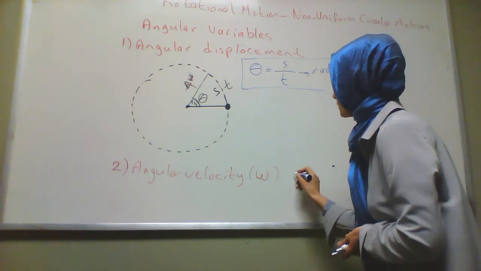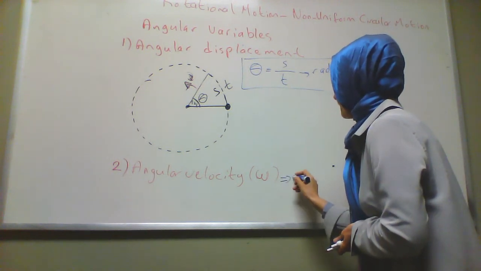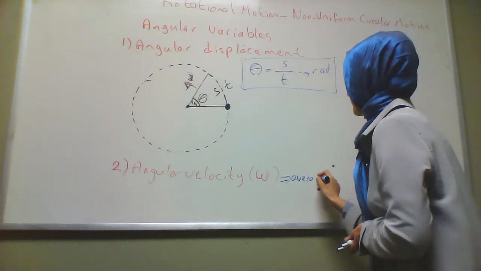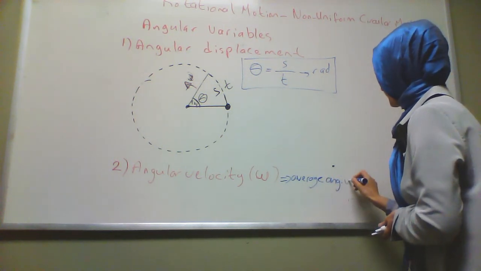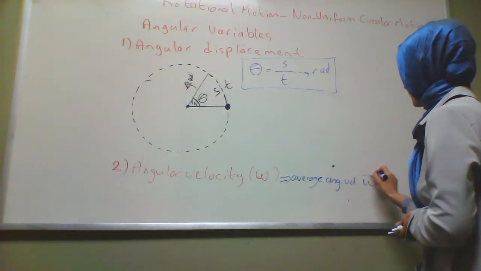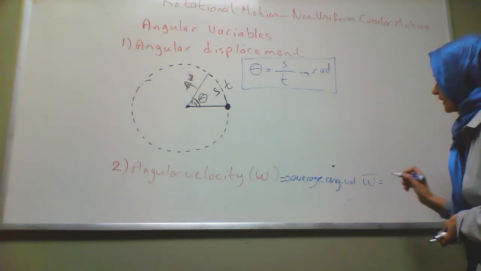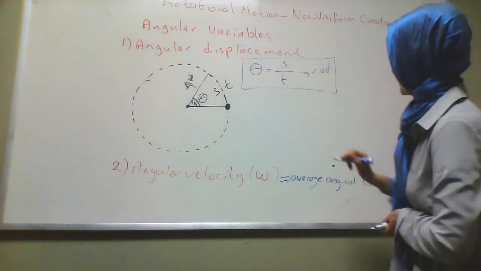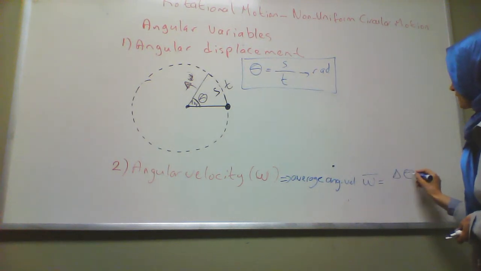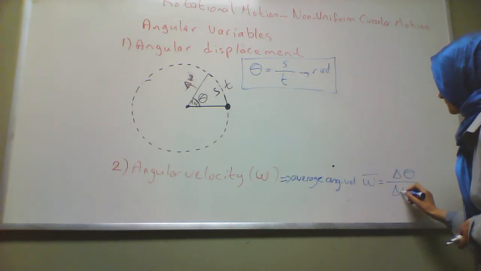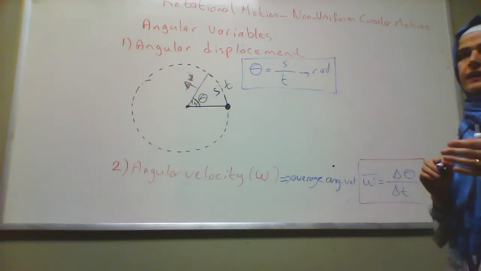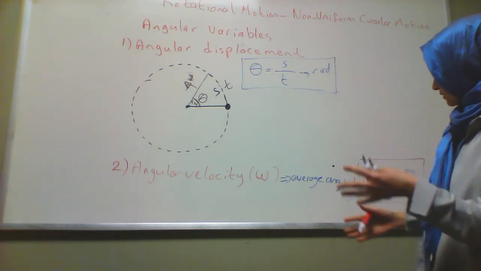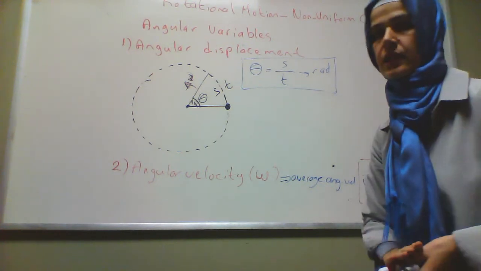We're spanning an angle in a unit time, and our angular velocity is omega. And it is equal to, we'll be looking at average angular velocity now because it is changing. So average angular velocity is equal to the change of the angle, delta theta, divided by the change of time. Again, like in the beginning when we defined velocity, average acceleration will be the same.